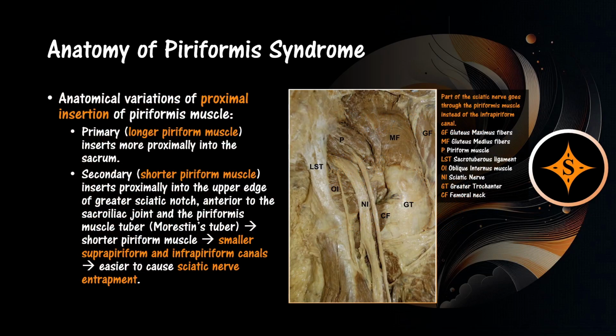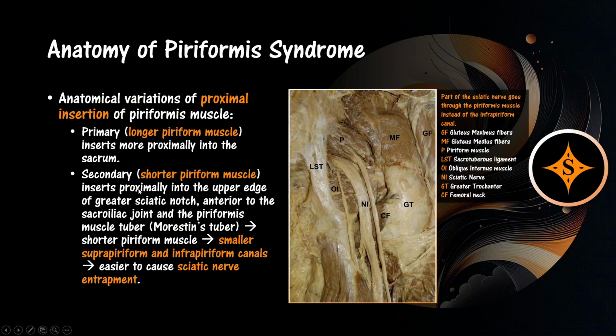There are also anatomical variations of the proximal insertion, so the origin or the base of the piriform muscle itself has variations. The primary one, the most common one, the principal one: the base of the piriform muscle lies, as we have mentioned, at the front aspect of the sacrum bone, at the level of the second and third sacral foramen, as opposed to the secondary or rarer anatomic variation, which also increases the likelihood of piriformis syndrome.